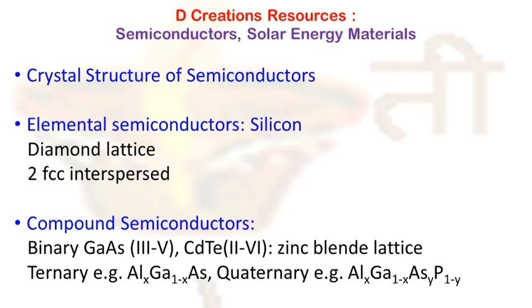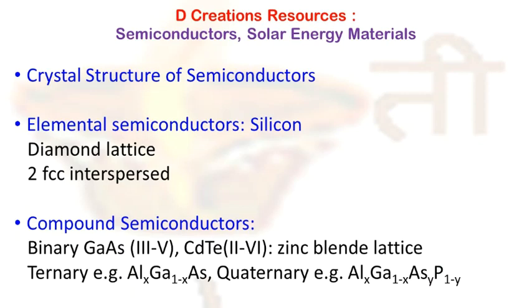Now sometimes, in order to have ternary or quaternary compound semiconductors, the elements occupying these positions can be replaced by a mixture of other elements. For example, gallium atoms can be replaced by a mixture of aluminium and gallium, so that together there will be the formation of a ternary compound, aluminium gallium arsenide, AlGaAs. Aluminium can replace gallium in any amount, from 0% to 100%.